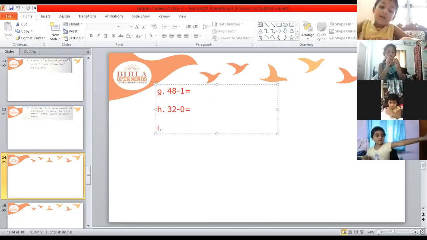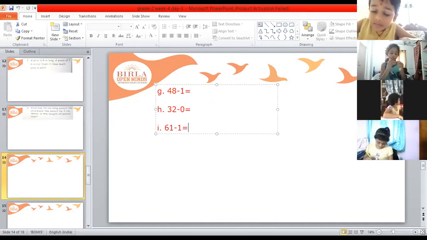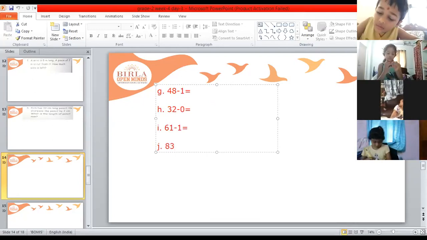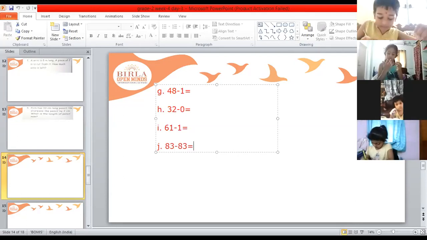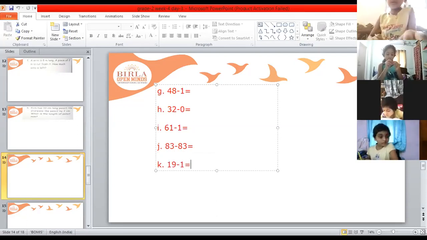Next, 61 minus 1 is equal to how much? 83 minus 83 is equal to how much? The next 19 minus 1 is equal to how much?